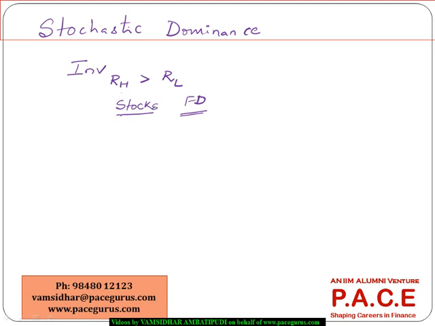Now, if I say that the returns on stocks are always higher than the return on the fixed deposit in all cases, in all circumstances, whether the economy is doing good or in a recession or whatever may be the situation, if I am able to say that the returns on stocks are much higher than the returns on the bank deposits or fixed deposits, then obviously my choice is for the stocks forever.